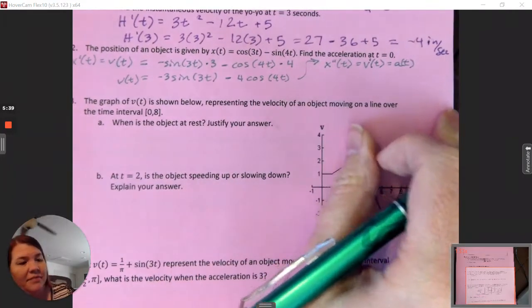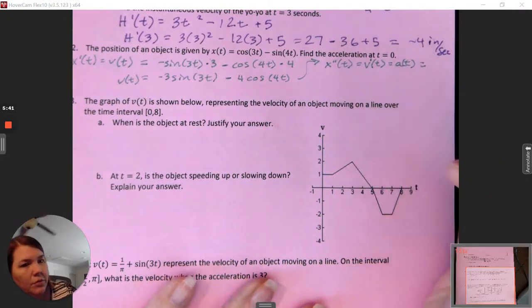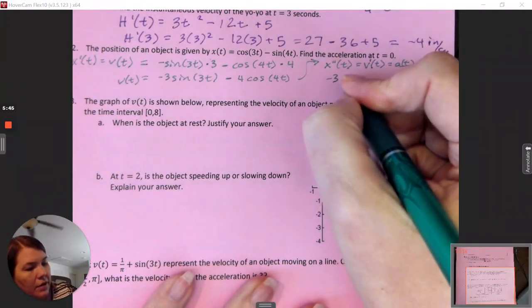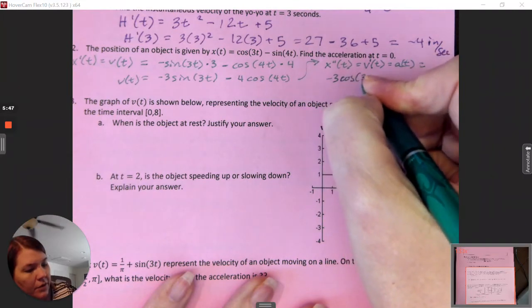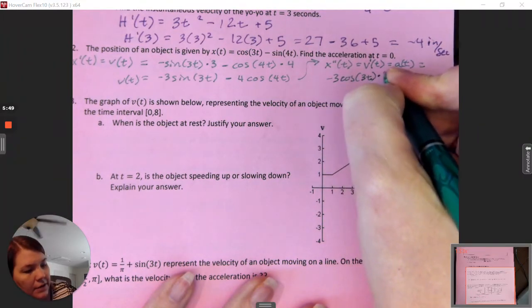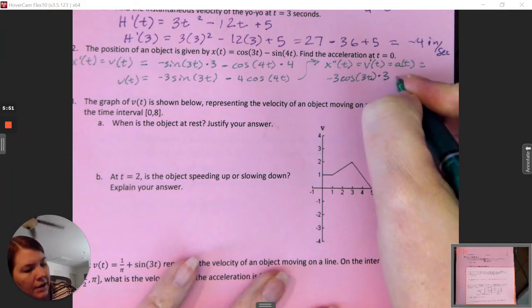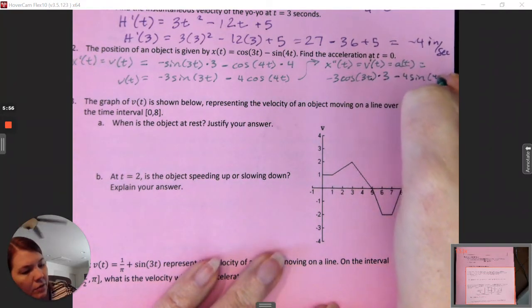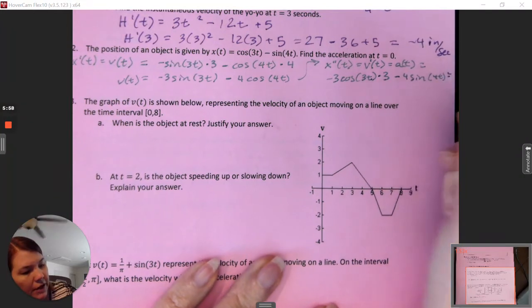is equal to, and we're going to go underneath, negative 3 cosine of 3t times the derivative of the inside, minus 4 sine of 4t times the derivative of the inside.